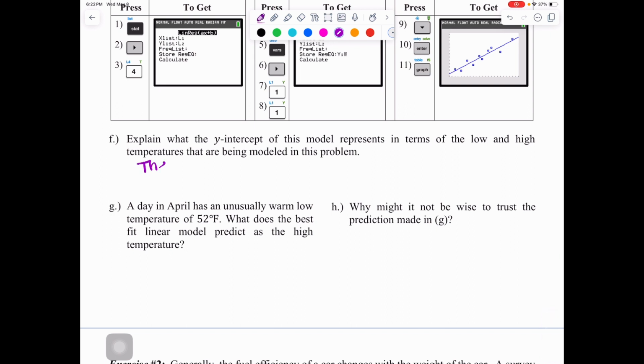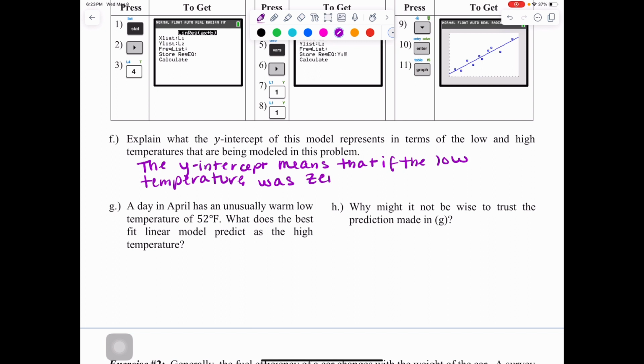So the y-intercept means that if the low temperature was 0, the high temperature would be 21 degrees.